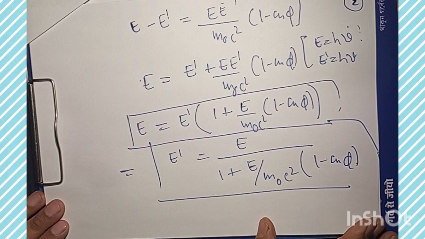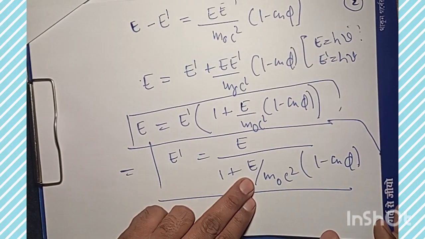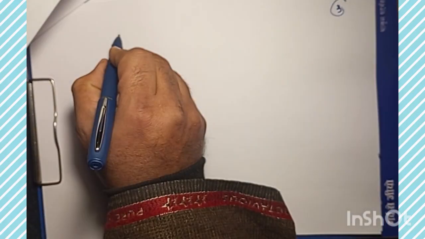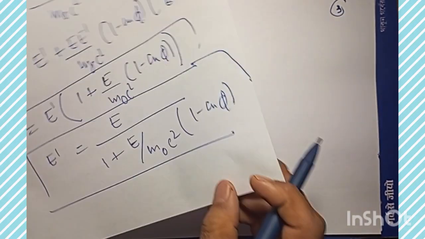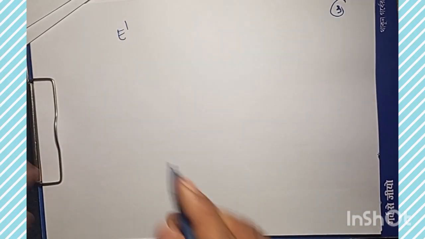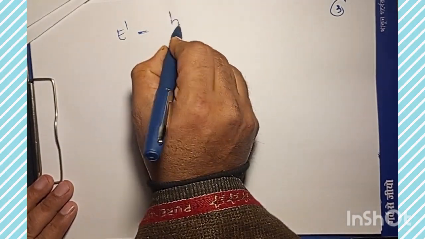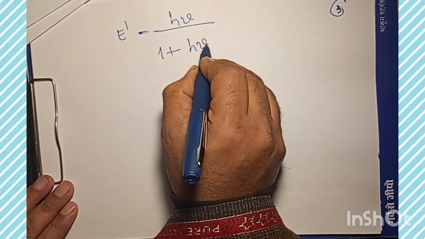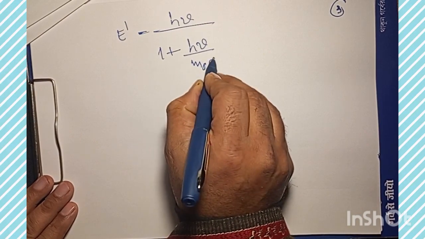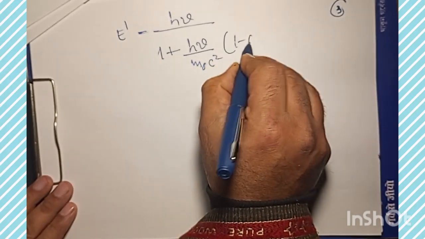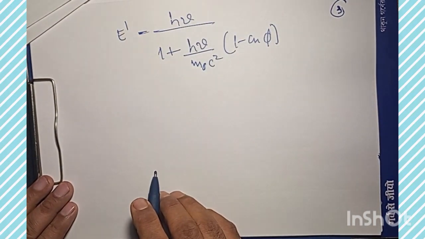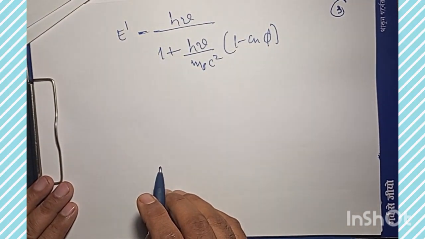This E is h nu, that's understood, so I can come back to the original form. This E dash will be h nu by 1 plus h nu by m naught c squared times (1 minus cos phi).